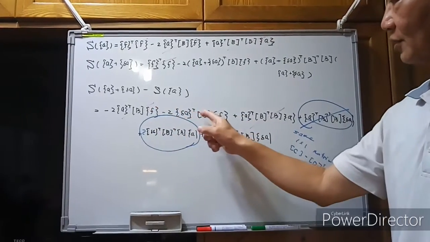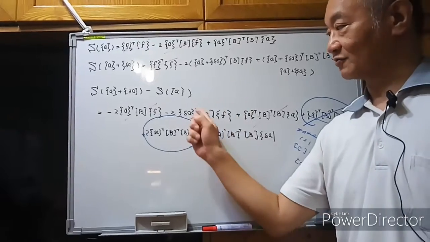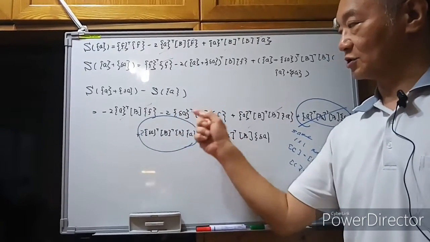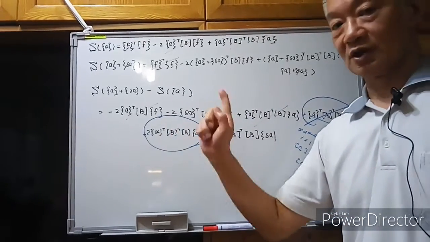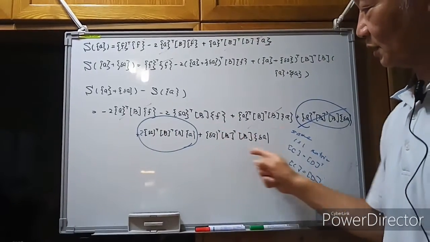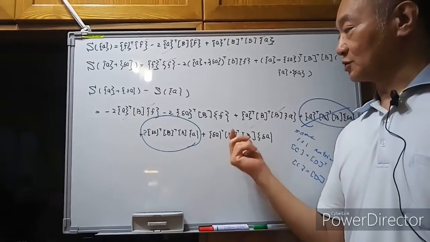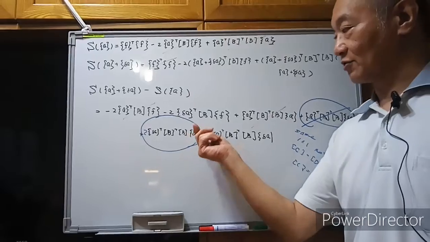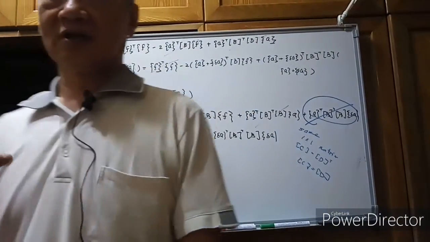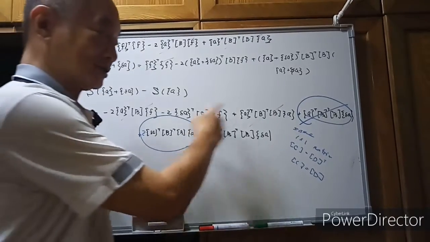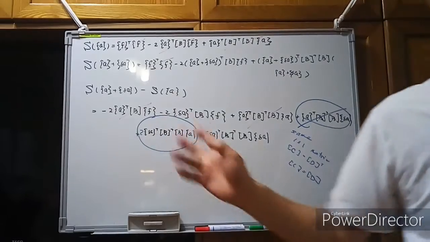For other terms, we multiply only one delta A. So for this term, there's only one delta A. This term, there's only one delta A. Only the last term, we got the square of the delta A. So compared to the other two terms, all elements in the last term are relatively much smaller than the other two.